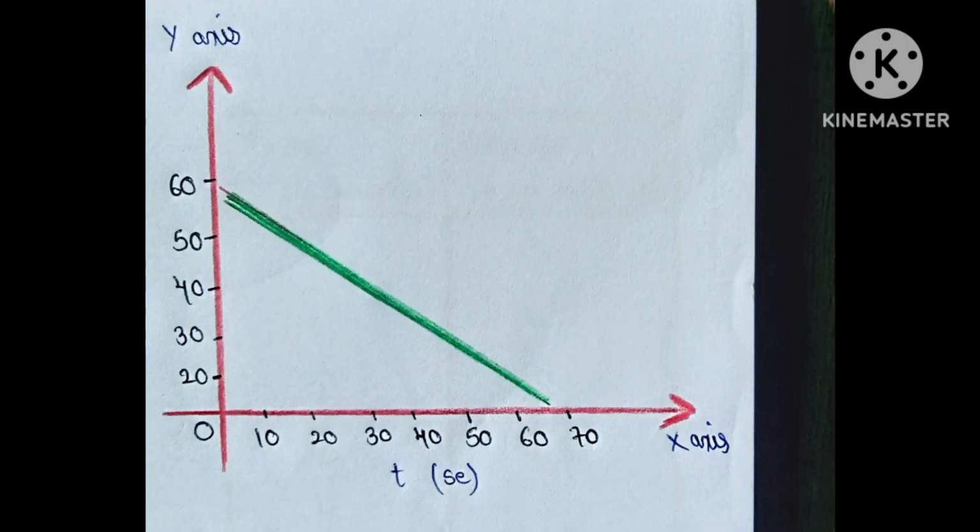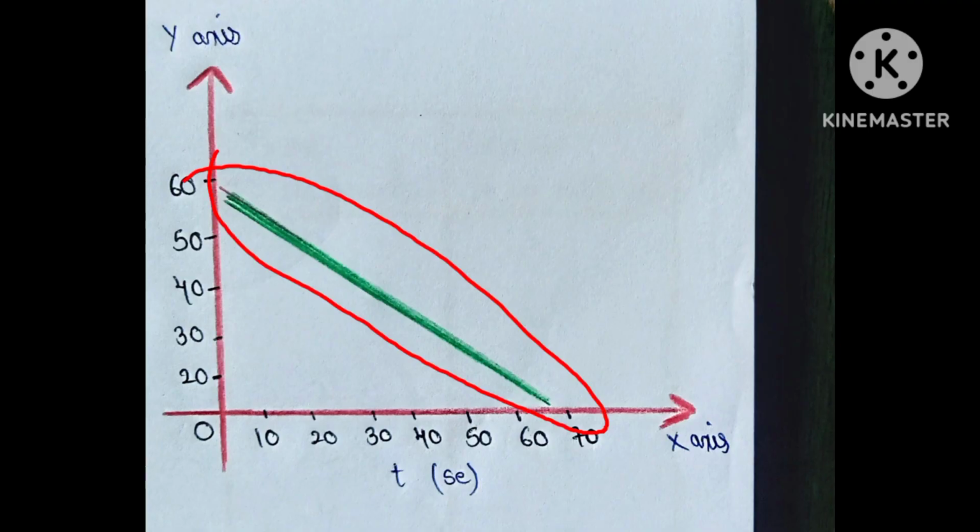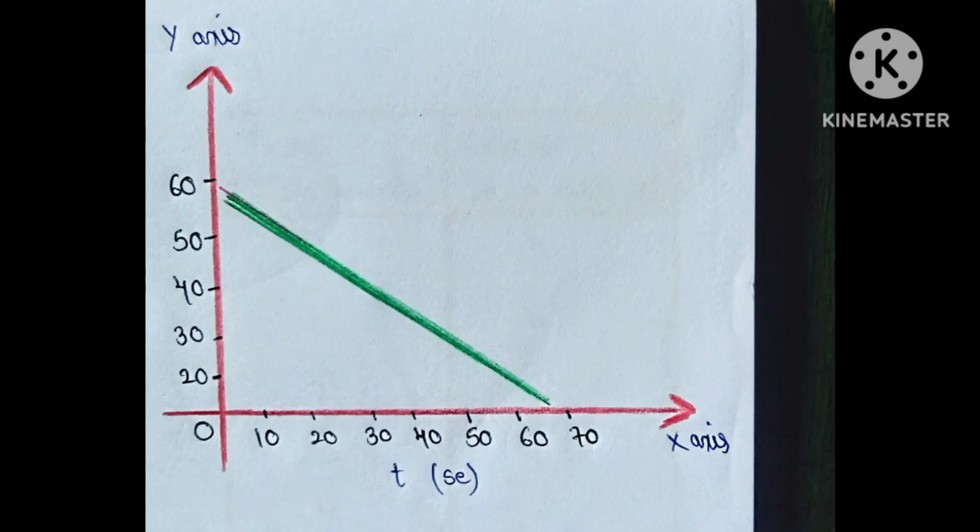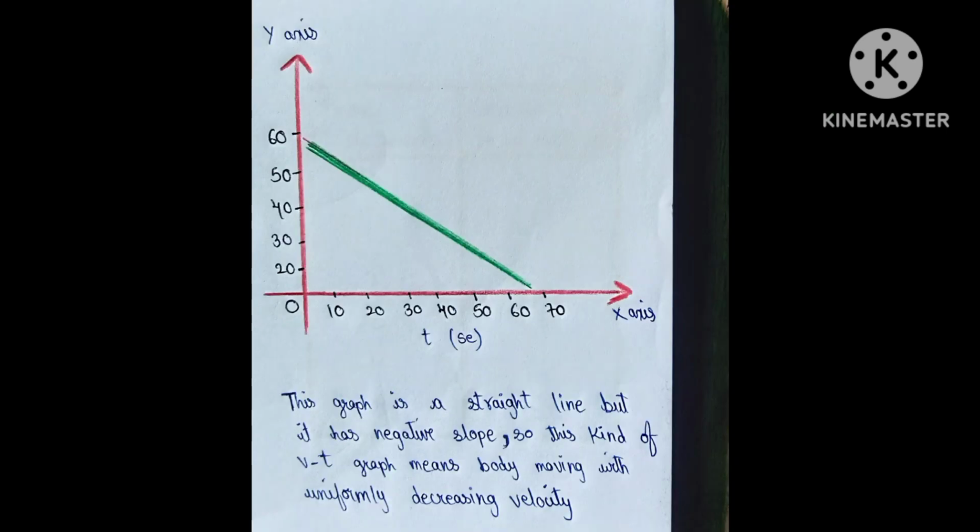On the graph, on x-axis time is in seconds and on y-axis velocity is given. The slope is negative. Whenever there is a decreasing velocity, we call it negative acceleration or retardation. In this case, acceleration is constant. The slope of this line is negative and it is a straight line.